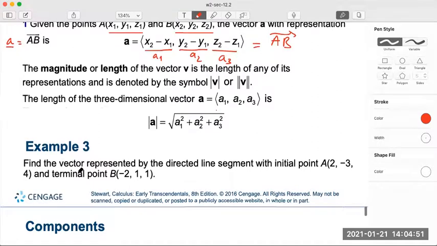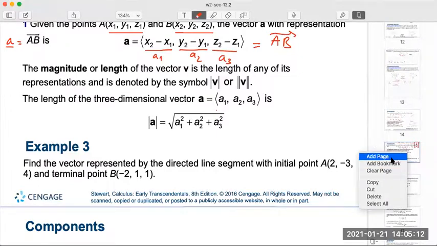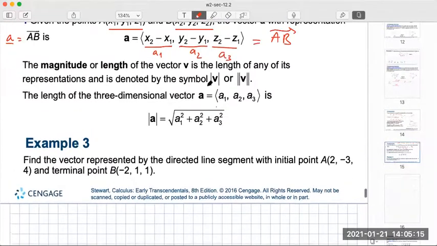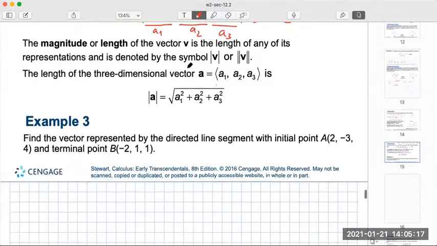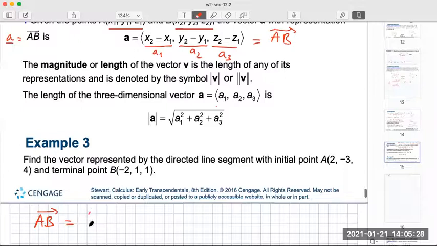So let us do this example. Find the vector represented by the directed line segment with the initial point A(2, -3, 4) and the terminal point B(-2, 1, 1). So from the previous definition, what we are doing is to find the vector AB, right? So what is vector AB?